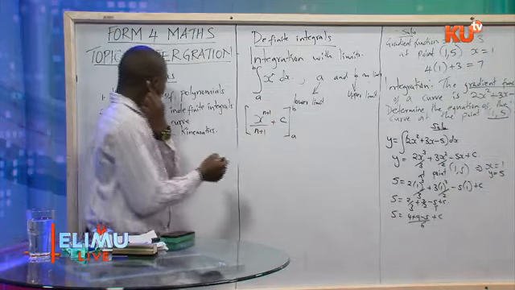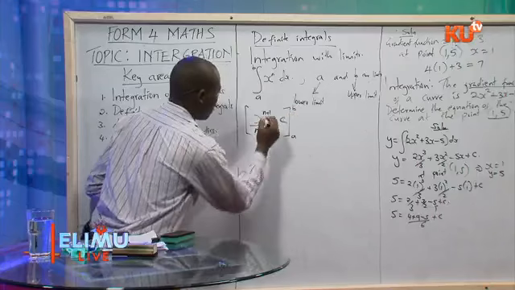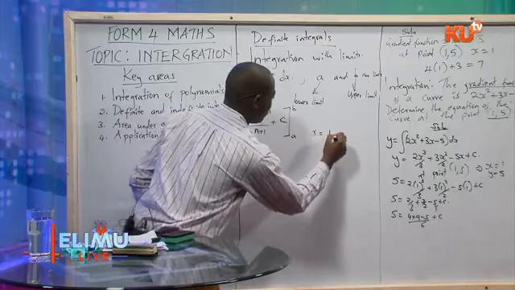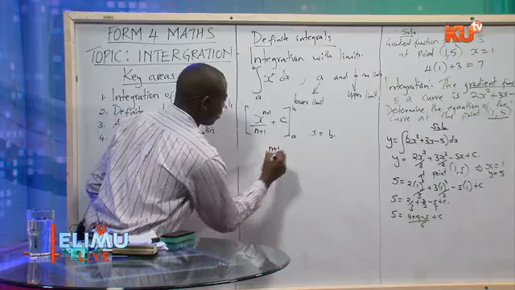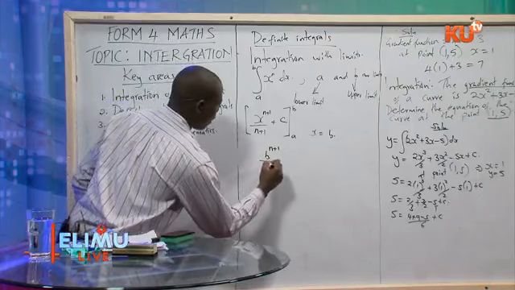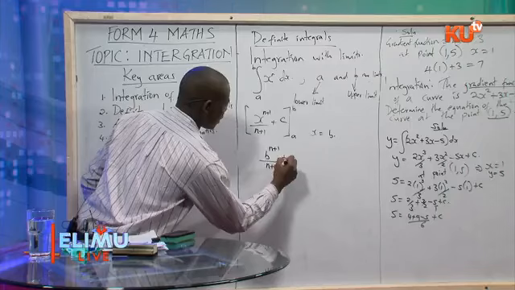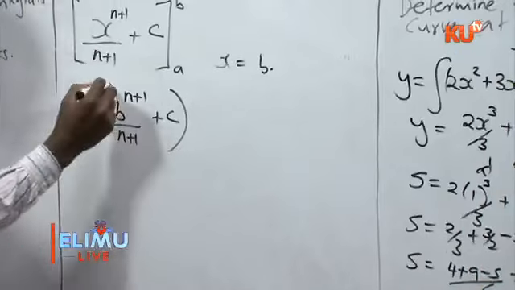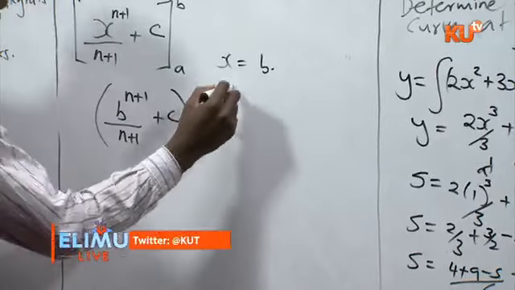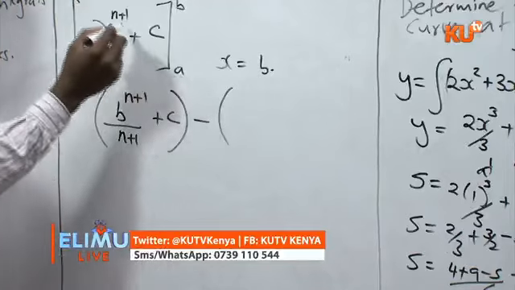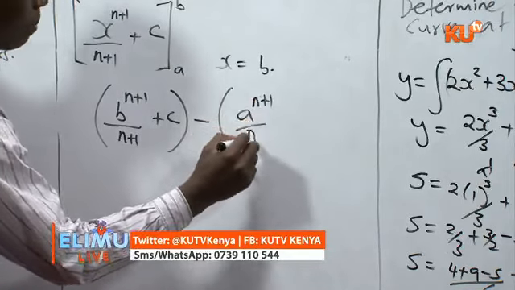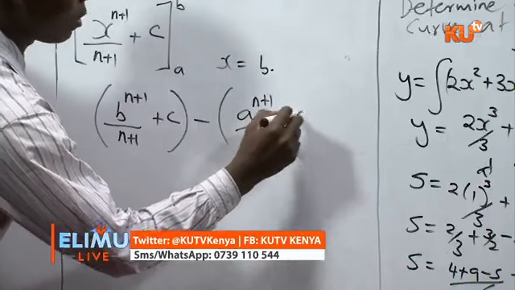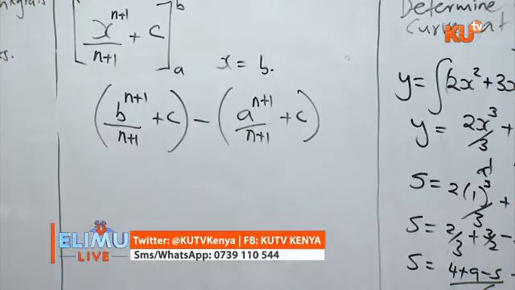But we shall see what will happen to c. So let's substitute. When x is b, replace here, we'll have b to the power n plus 1 over n plus 1 plus c. We minus the lower limit, replace in a, so we have a to the power n plus 1 over n plus 1 plus a constant c. Hope we're together.